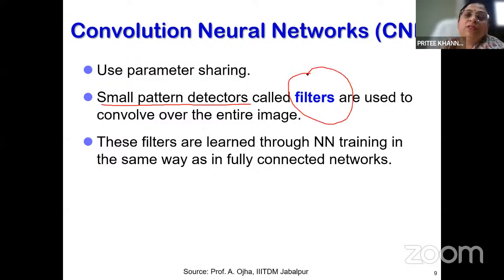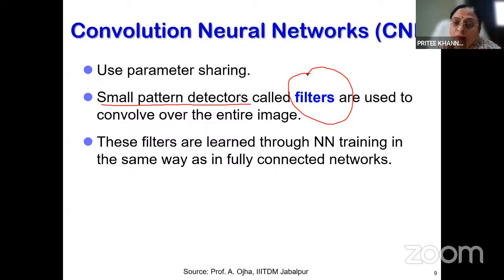We need to learn these filters for a pattern, and then these filters are used to convolve over the entire image. And how do we learn these filters? Let me tell you that these filters are learned in the same way as you just went through in neural networks.